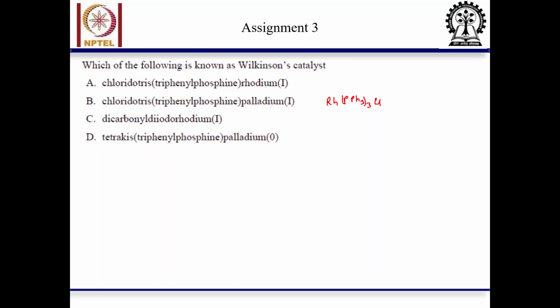First is chlorido, then since the ligand already contains tri, we have to use tris. So chlorido tris(triphenylphosphine), with the ligand in brackets, and then the oxidation state of rhodium, that is one. So the correct option is A.